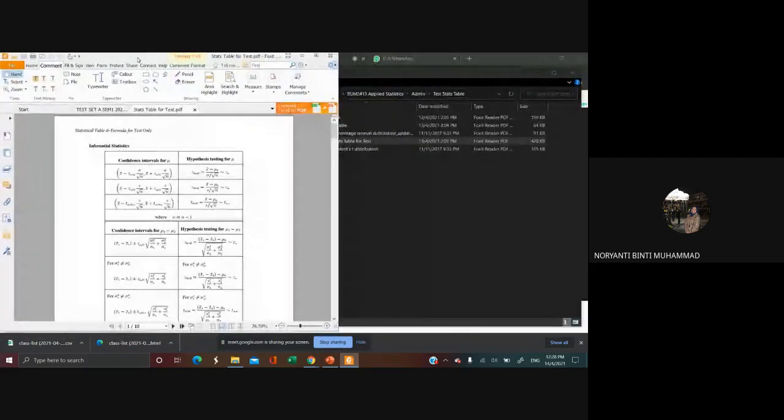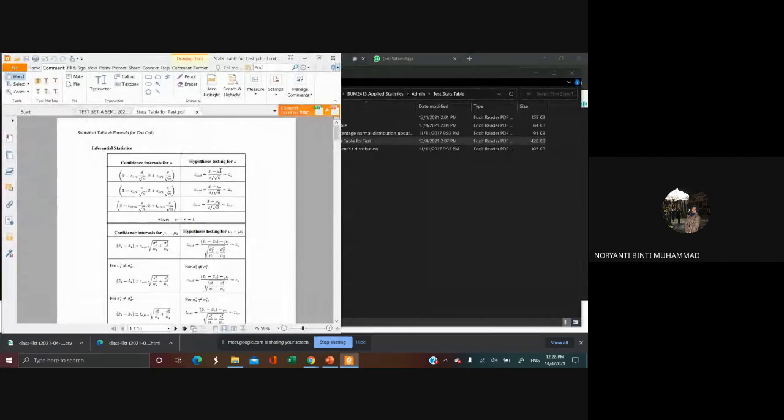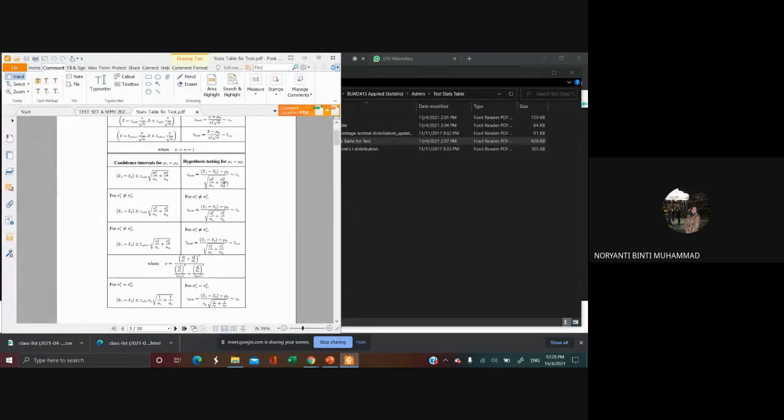Okay, I understand. So based on this formula, you look at this one.